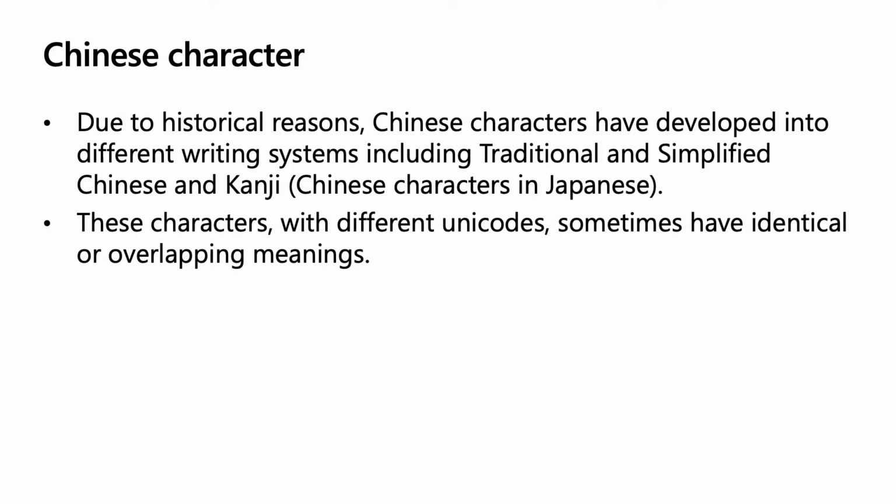Due to historical reasons, Chinese characters have developed into different writing systems, including traditional and simplified Chinese and kanji. These characters with different Unicodes sometimes have identical or overlapping meanings.